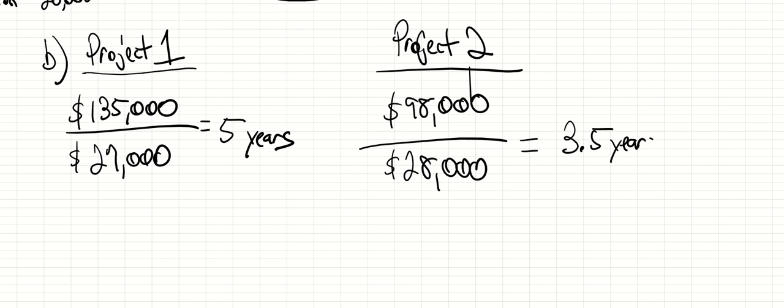This tells us that in order to recover the $98,000 initial investment on project 2, it's going to take about 3.5 years, due to the annual net cash flow projected to be generated of $28,000.